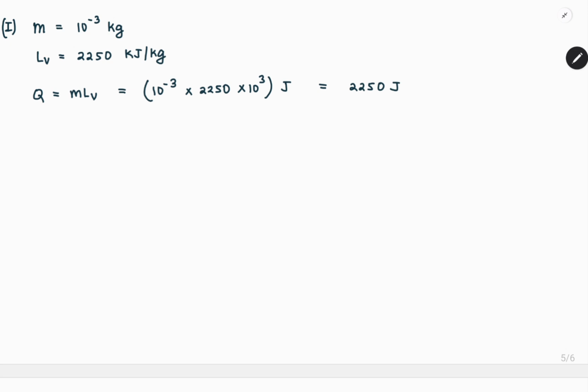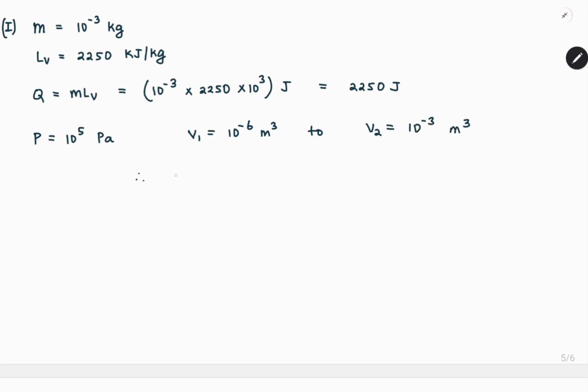Now when this process is taking place, it is also mentioned that at a pressure of 10 to the power 5 Pascal, the volume changes from V1 equal to 10 to the power minus 6 meter cube to V2 which is equal to 10 to the power minus 3 meter cube.